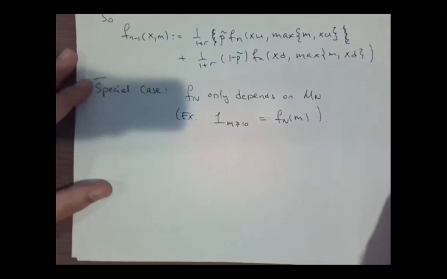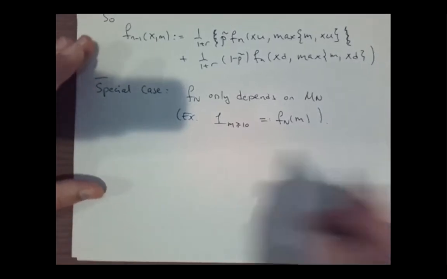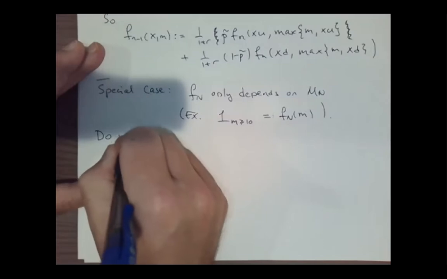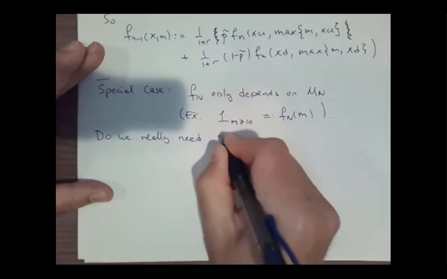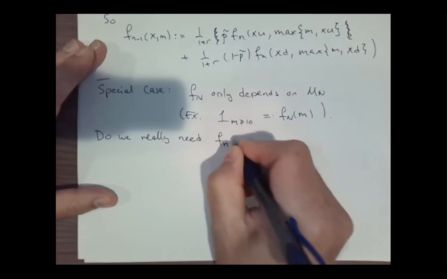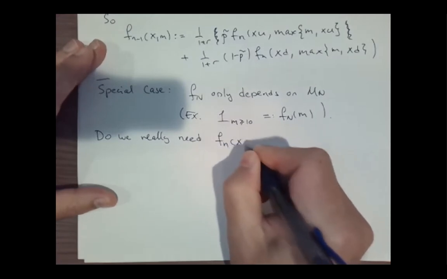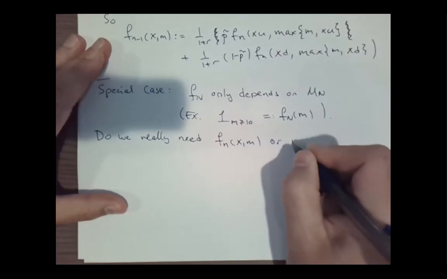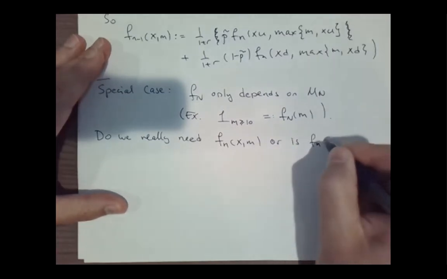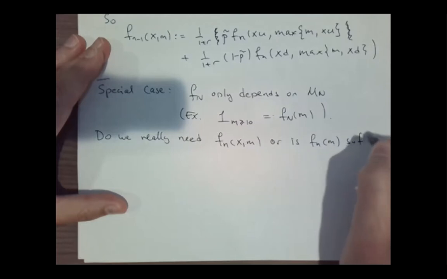So if you look at this case, do we really need Fn of x and m, or is Fn just of m sufficient?